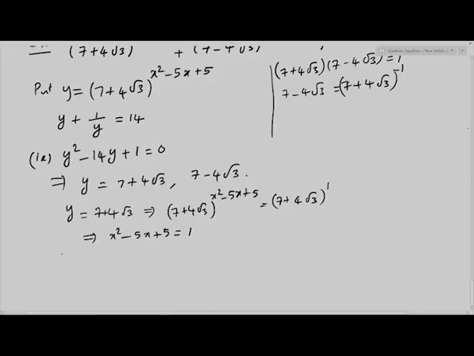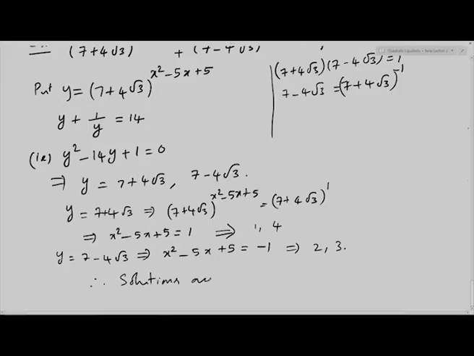Similarly, by taking y equal to 7 minus 4 root 3, this gives my other equation, namely x square minus 5x plus 5 equal to minus 1. By solving these equations I get the solutions x equal to 1, 4 and 2, 3. So, therefore, the solutions are 1, 2, 3 and 4.